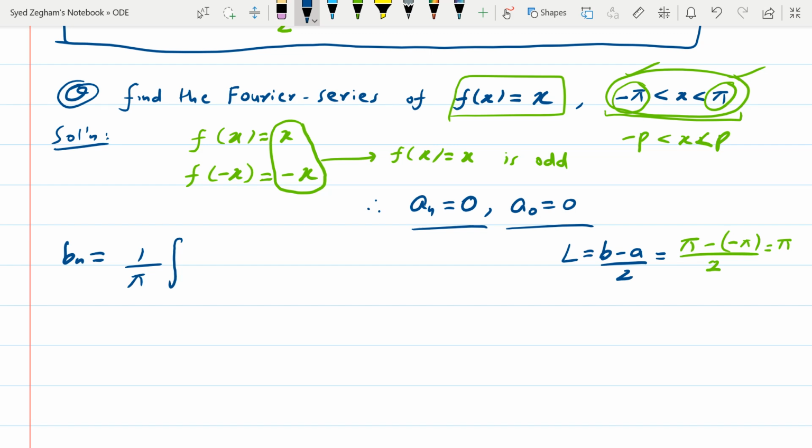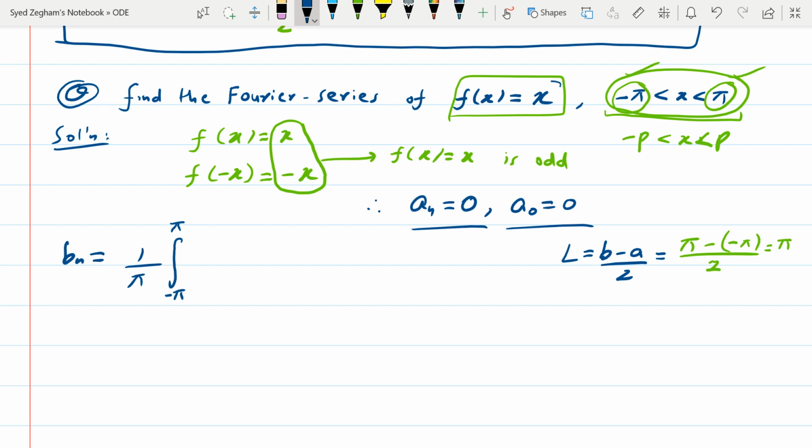Integration a to b, right? A to b. A, the initial point of the interval, that is minus pi. B, that is the upper limit of the integral, which is the end point of the interval, that is pi, right?